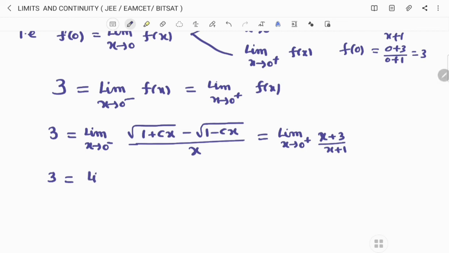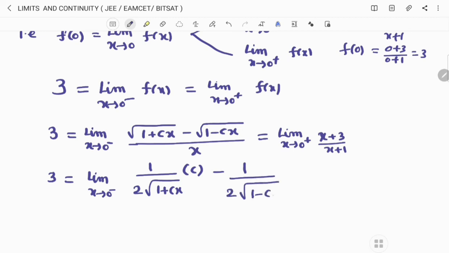So the limit as x tends to 0 of: the derivative of root(1 + cx) is 1/(2 root(1 + cx)), and differentiating 1 + cx, c will come, minus the derivative of root(1 - cx), which is 1/(2 root(1 - cx)), and differentiating 1 - cx gives minus c, divided by the derivative of the denominator x, which is 1.